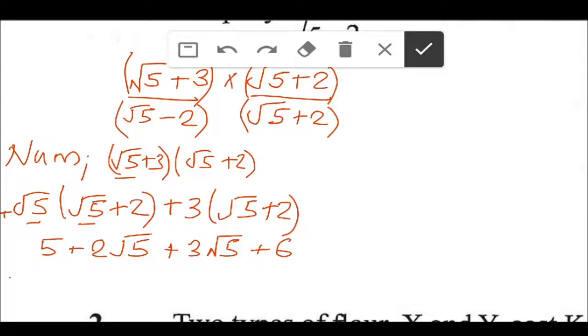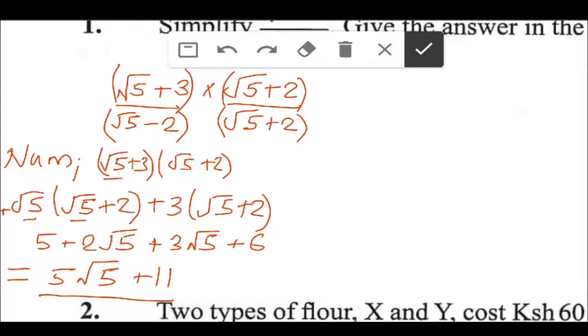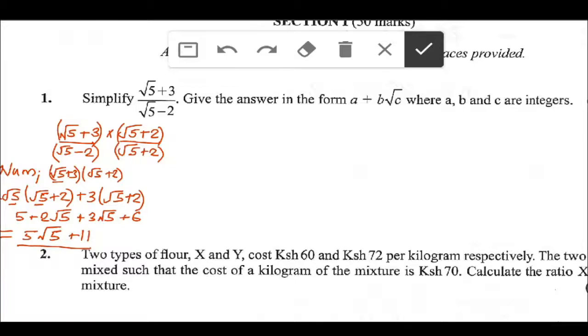So let's now simplify. 5 will go with 6, and 2 root 5 will go with 3 root 5. So 2 root 5 plus 3 root 5 is like 2a plus 3a, because root 5 is common, which will give you 5a, but now a in our case is root 5. So we shall have 5 root 5. Then 5 plus 6 will be 11. So the answer to the numerator is 5 root 5 plus 11.